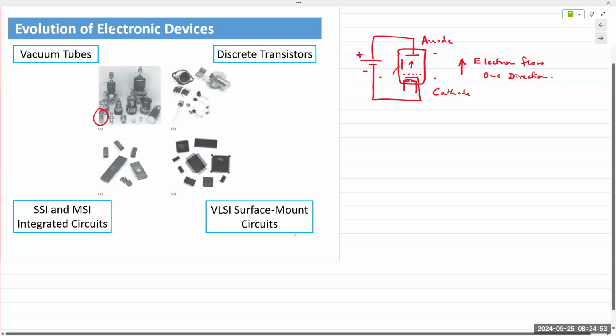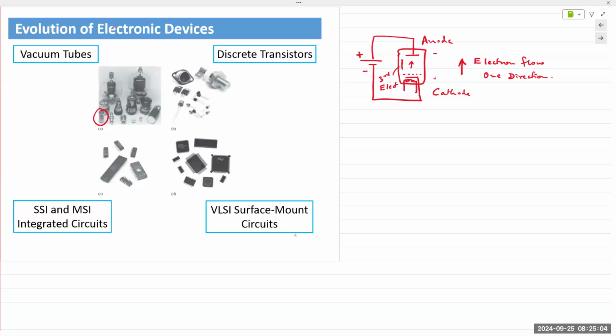So the third electrode, and that came to be known as a triode. And then they kept inserting more and more electrodes in there, trying to obtain better control and introduce more functionality in the device. And so from diode, we went to triodes, quatrodes, pentodes, and so on and so forth.